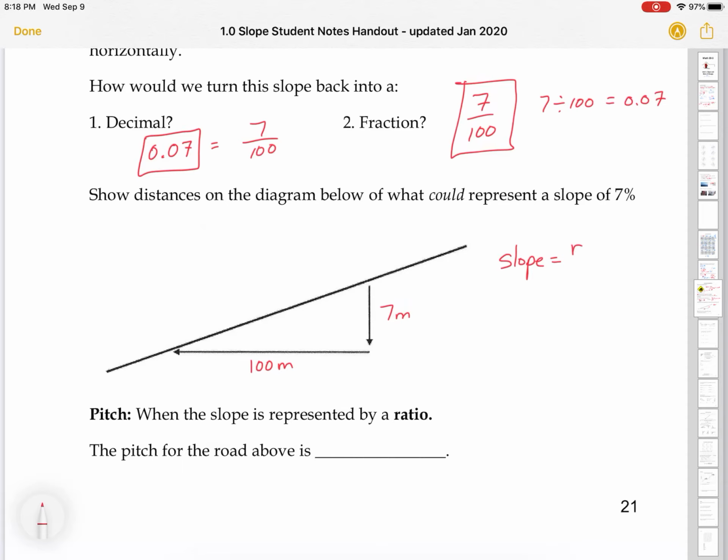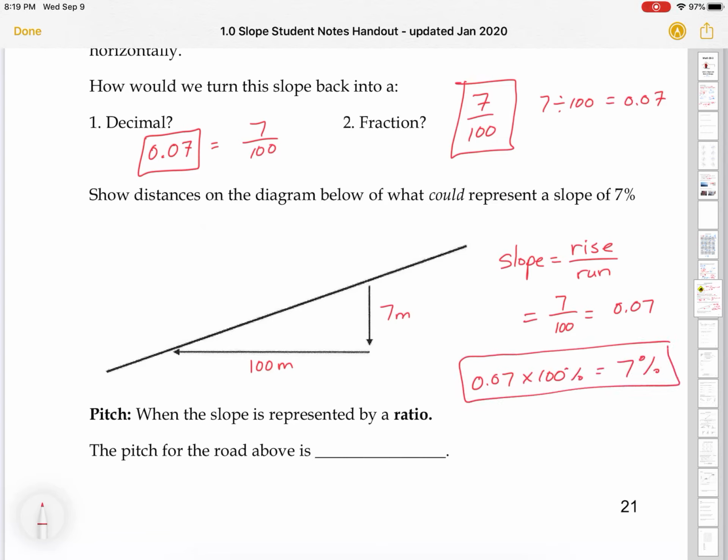Because our slope equals our rise over run, which in this case is 7 over 100, which is 0.07. And if we take 0.07 and times it by 100%, we're going to get our 7% back. Okay? So if you're given that distance, you can figure it out that way.